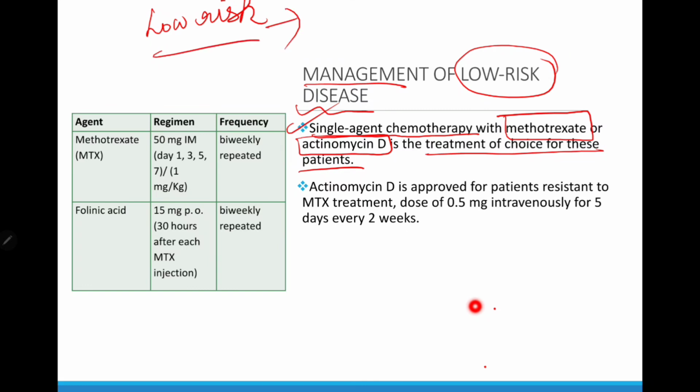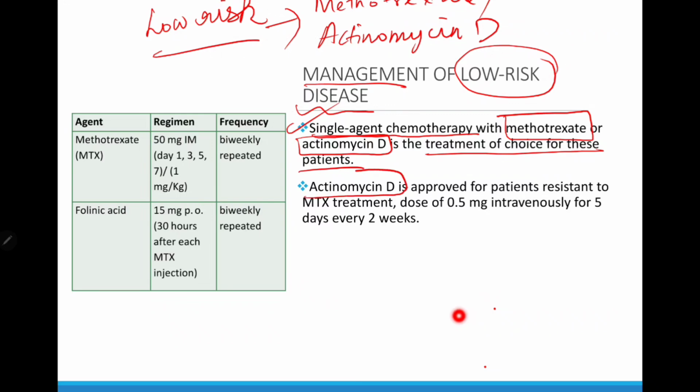It's going to be a single agent chemotherapy. Either I can give methotrexate or I can give actinomycin D. This is the treatment of choice for low risk GTN.